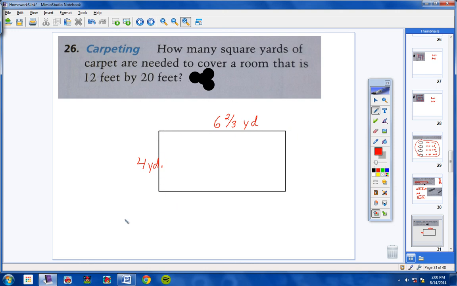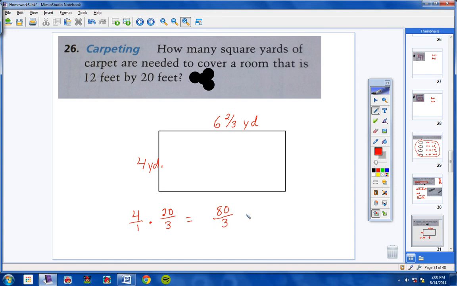So if I multiply those together, 4 over 1 times 6 2/3, and you should know this from way back in middle school math, you don't want to use a mixed number when you're multiplying. So 6 2/3 would be the same thing as 20 over 3. Okay, if you multiply those together, you will get 80 over 3.